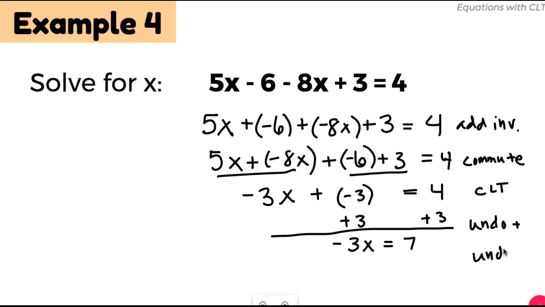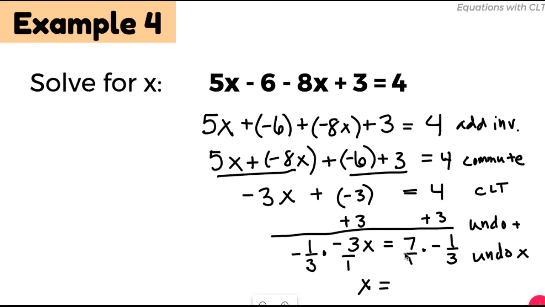Then we undo multiplication by multiplying each side by the reciprocal. Be careful. Make sure that you're giving yourself enough room. You're not smashing everything in here. That's when we start seeing errors as well. People start forgetting negative signs, all kinds of stuff. Now I have a crazy fraction here, but it's okay. You can have a fraction as an answer. My left side cancels.